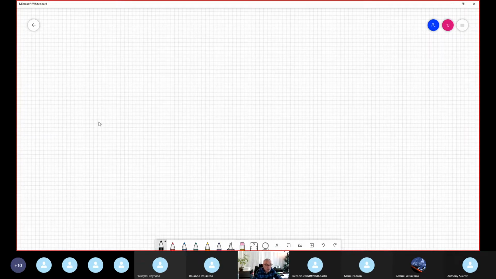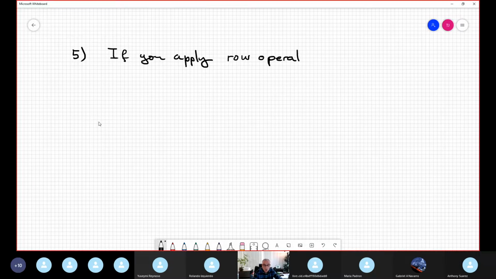This looks unbelievable, but it's true. If you apply row operations, exactly the same way I do in a matrix, remember row operations or column operations. We never do column operations in a matrix, but in a determinant, yes, we can.